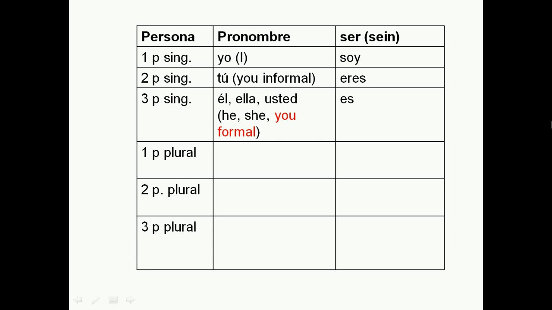And usted, to speak to a person that we treat formally. As we have a single verbal form for three people, we must always clarify who the subject is and always use the corresponding pronoun to avoid misunderstandings.